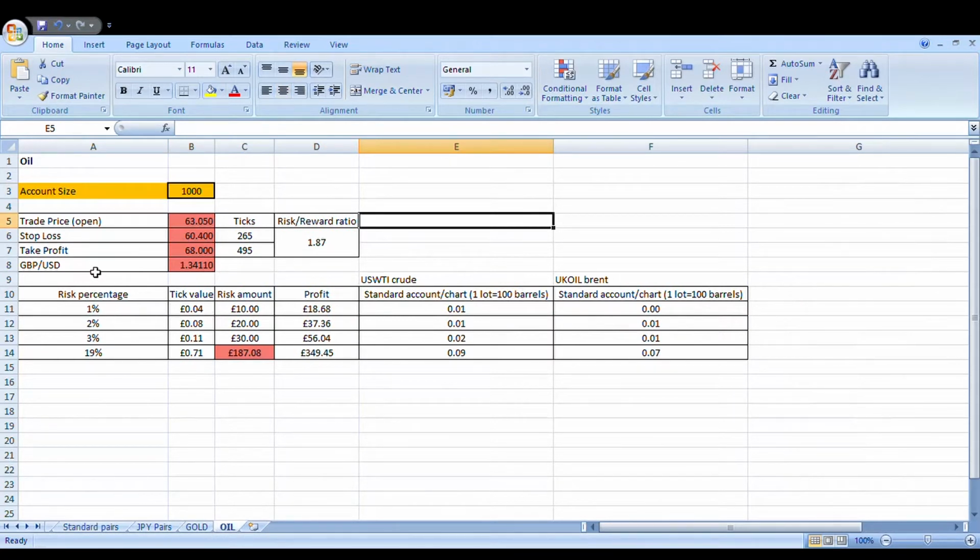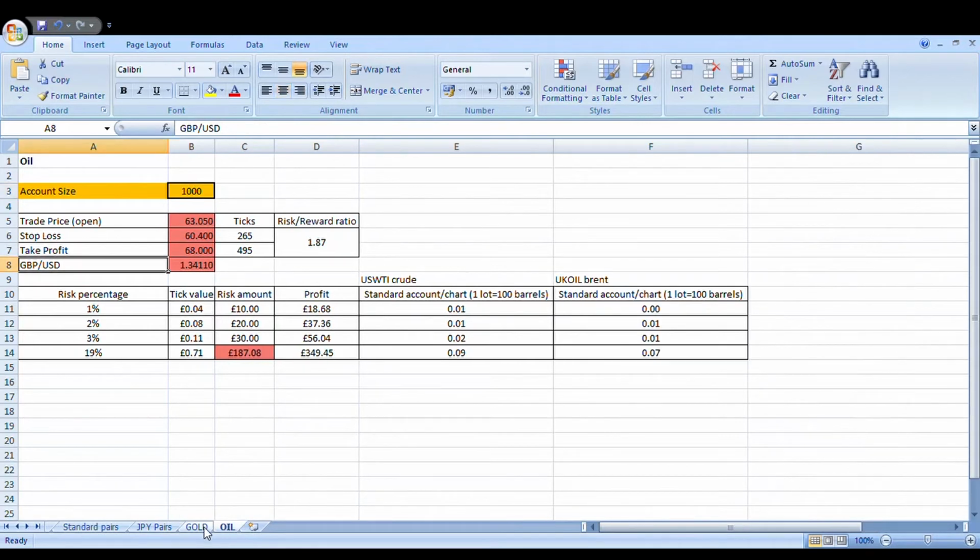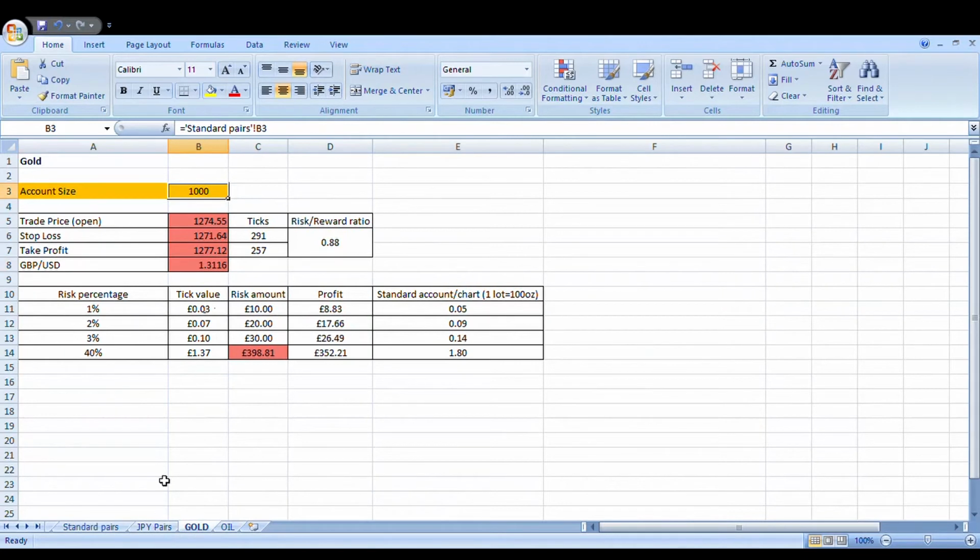So you'll notice here that instead of saying the GBP quote, it's GBP USD, and as well for gold. If your base currency is the US dollar, then this will be irrelevant. It will be redundant. You can just put 1 in this box.